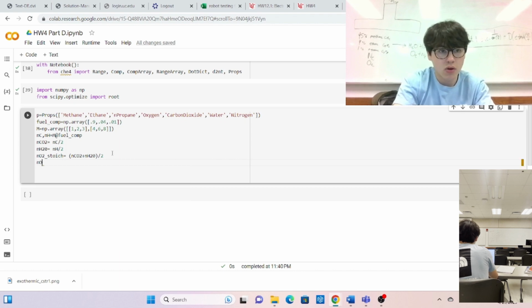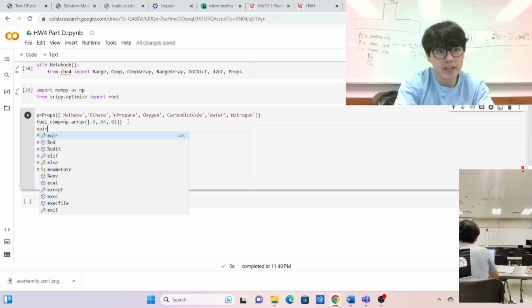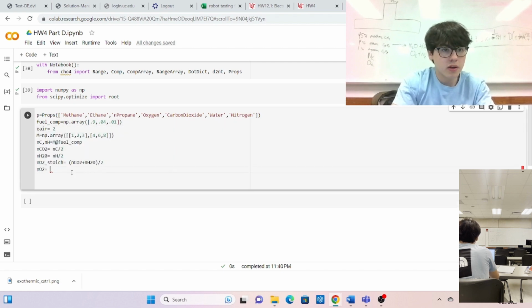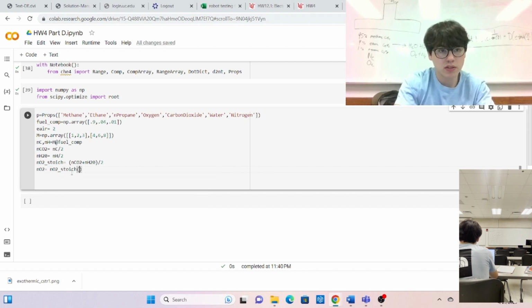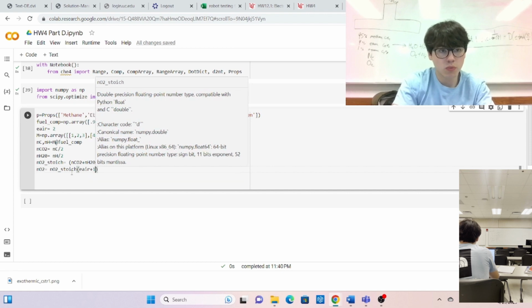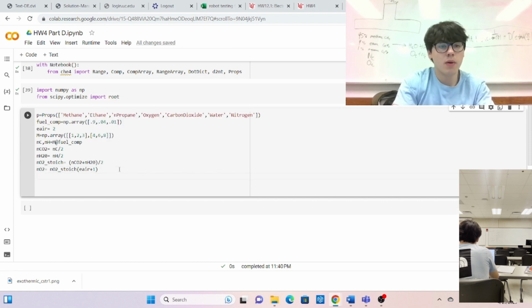So NO2 will be equal to, we'll have to define that amount of excess air, we'll call it E air, NO2 underscore stoic times E air plus 1. And then the amount of nitrogen, N2, will be equal to this amount of oxygen, the NO2, times that ratio of 79 divided by 21.